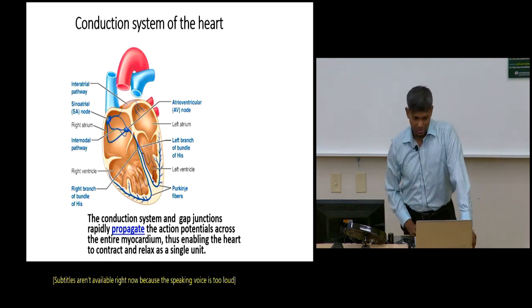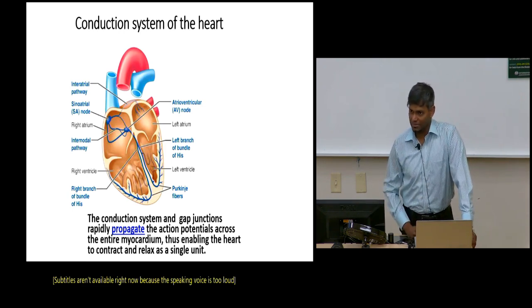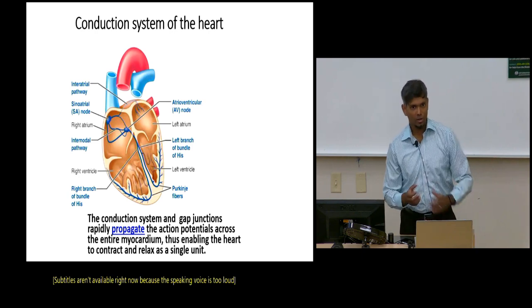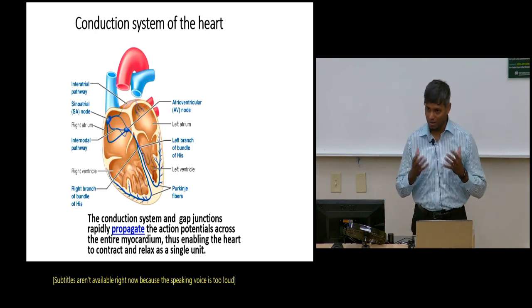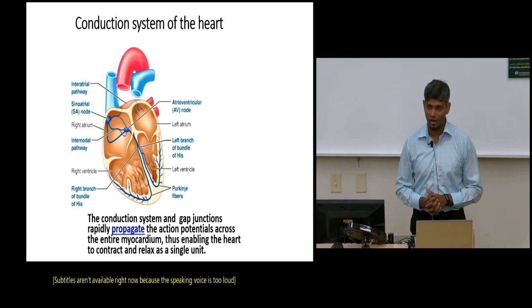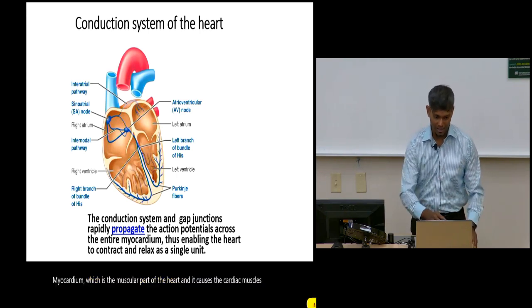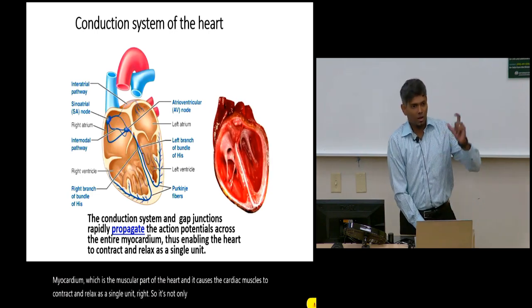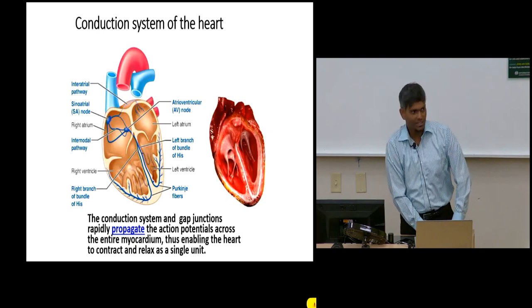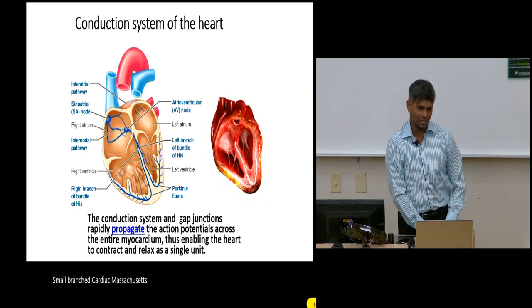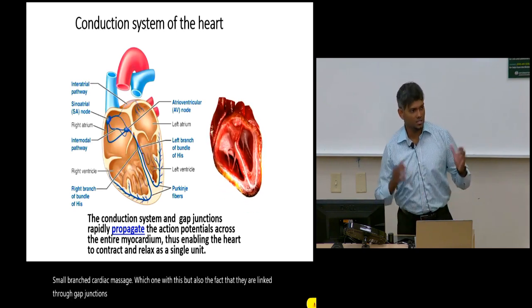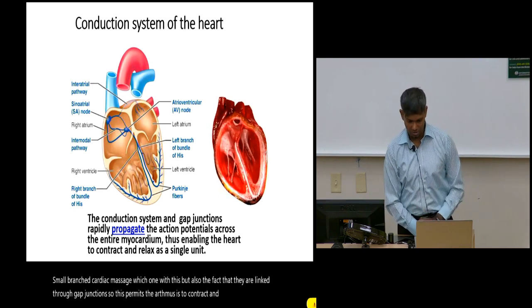So in the conduction system, and because of the gap junctions, the action potential is going to rapidly propagate throughout the entire myocardium, which is the muscular part of the heart, and it causes the cardiac muscles to contract and relax as a single unit, right? So it's not only those small branched cardiac myocytes which permit this, but also the fact that they are linked through gap junctions. So this permits the heart muscle to contract and relax as a single unit.